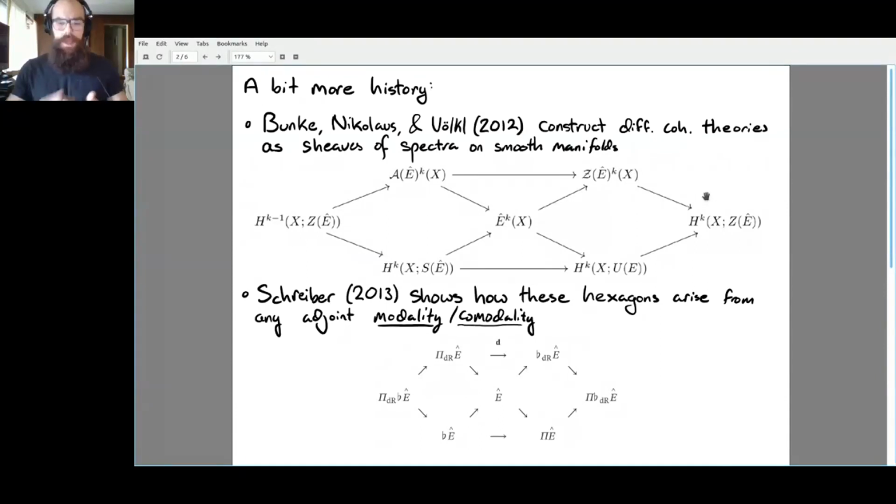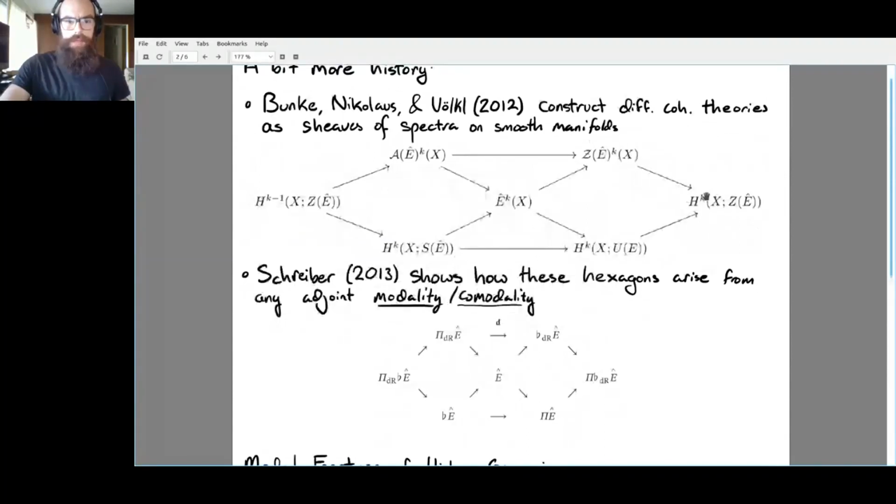And indeed, in an nLab post called Differential Cohesion and Idyllic Structure, he emphasizes that they should be thought of as fracture squares, and that the traditional fracture squares even can be seen as instances of this general feature. So this is the kind of theorem that I'm going to put into homotopy type theory.